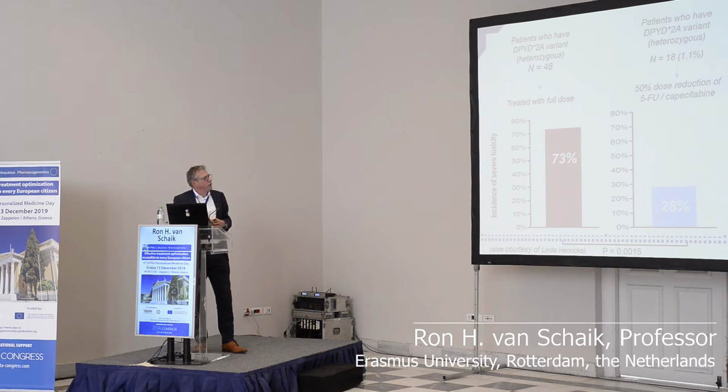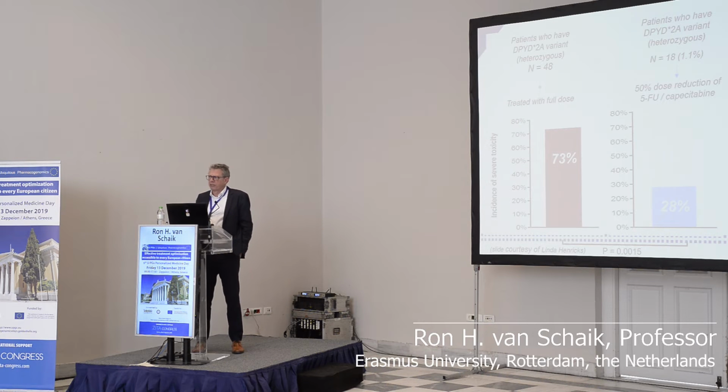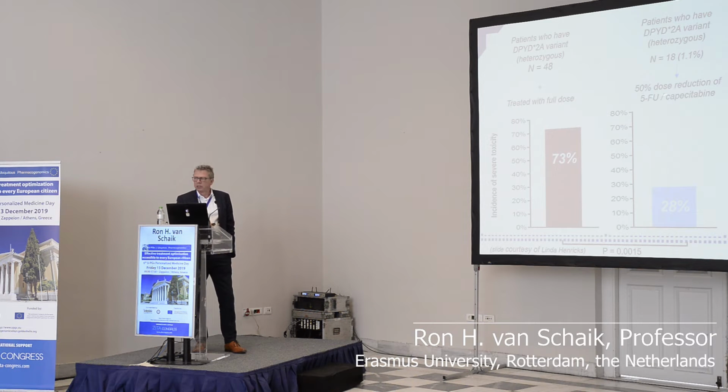If you treat patients who are heterozygous for this inactive variant of DPYD, having less active enzyme, 73% of the patients develop severe toxicity. But if you treat these patients in advance with only 50% of the capecitabine, then the toxicity reduces to 28%.